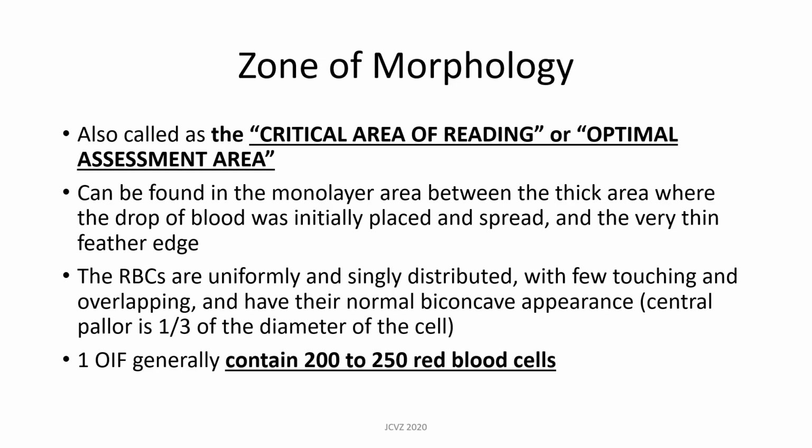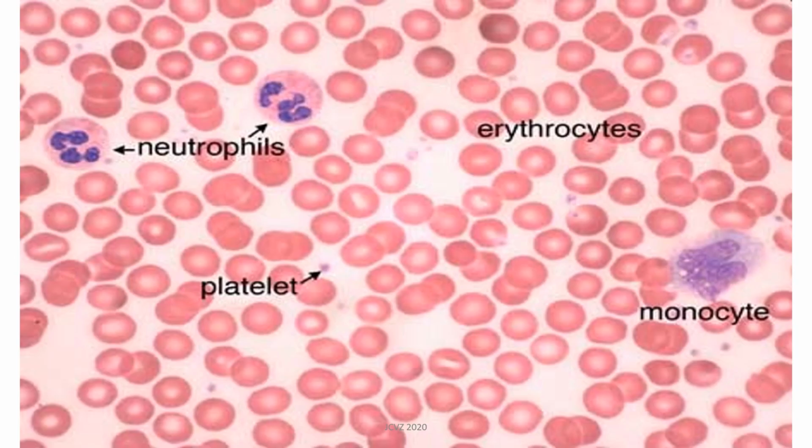We have here another picture of our blood film showing us the cells under the microscope in a monolayer area. So we have here our WBCs, specifically our neutrophils. We also have another type of WBC here, our monocyte.